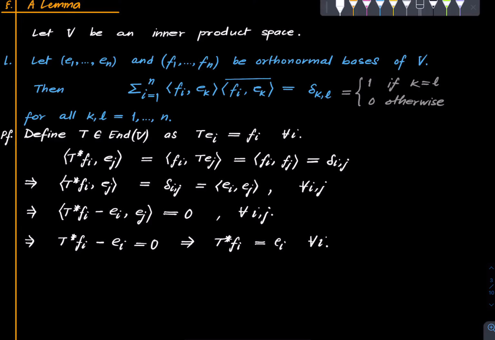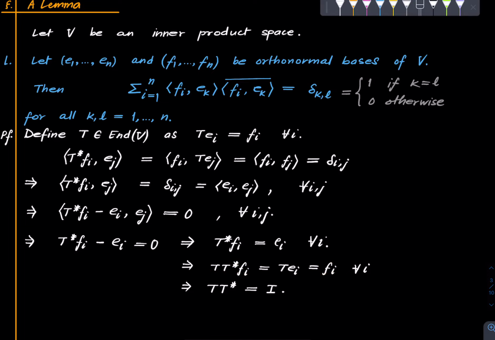So therefore, T star f_i is T e_i, which is equal to f_i for all i. But that means that T star is the identity map, because T star is fixing every element of the orthonormal basis. So it is the identity map.